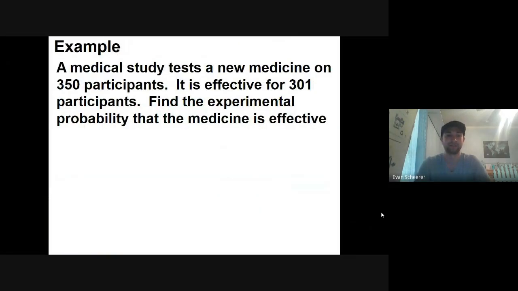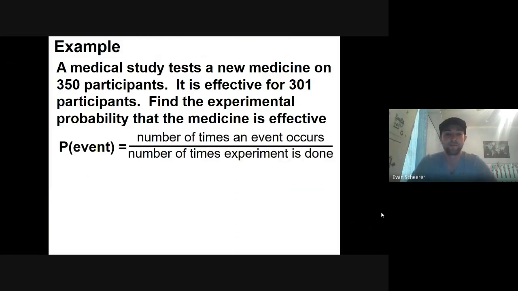All right, let's do an example of that. A medical study tests a new medicine on 350 participants. It is effective for 301 participants. Find the experimental probability that the medicine is effective. So remember, this is an experimental probability because the experiment was done 350 times, right? So probability of an event is the number of times the event occurs over the number of times the experiment is done.